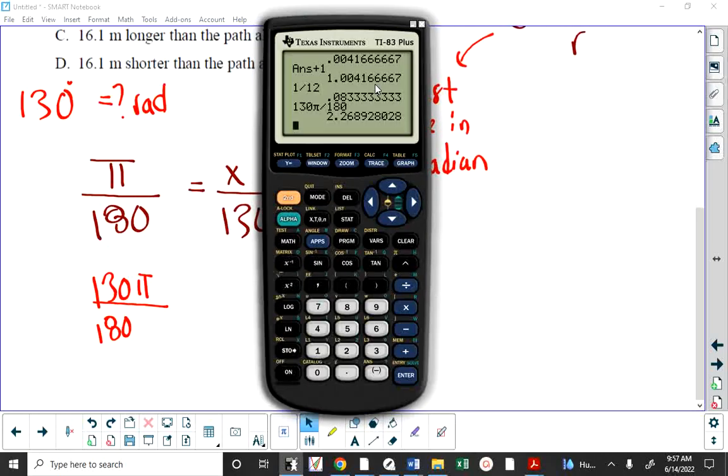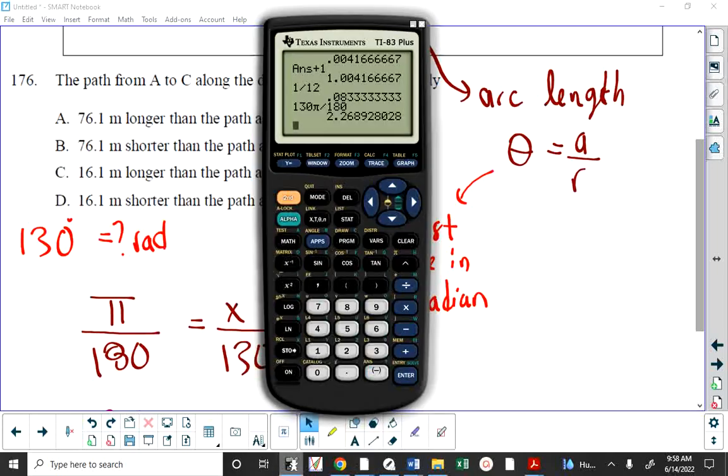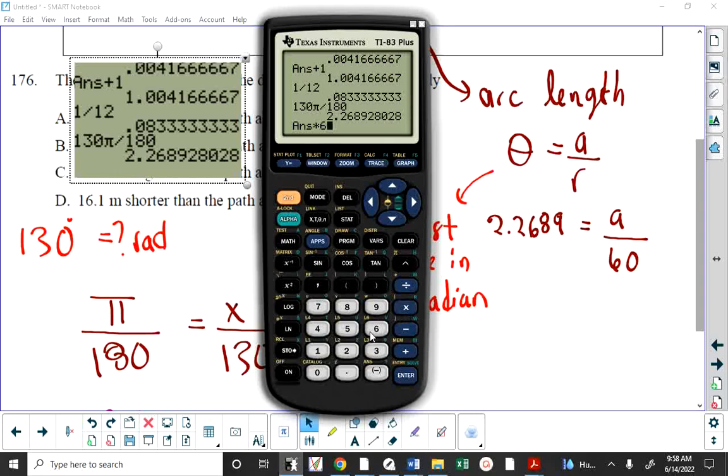So now I'm going to put that into my formula. This is the angle in radians, so I'm going to have 2.2689 equals the arc length over the radius, which is 60, and I can multiply those two numbers together to get the length of the curved path. And you get 136.1 something.